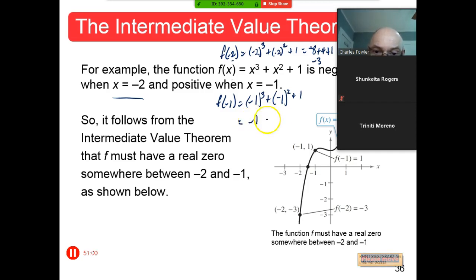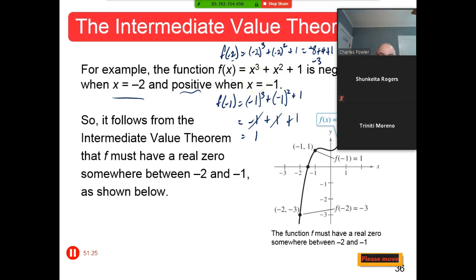What's negative 1 squared? Plus 1, plus 1. And what does that give you? 1 plus 1 is 2, minus 1 is 1. These two add to 0, you're just left with a 1. So, this function is positive when x is equal to minus 1.